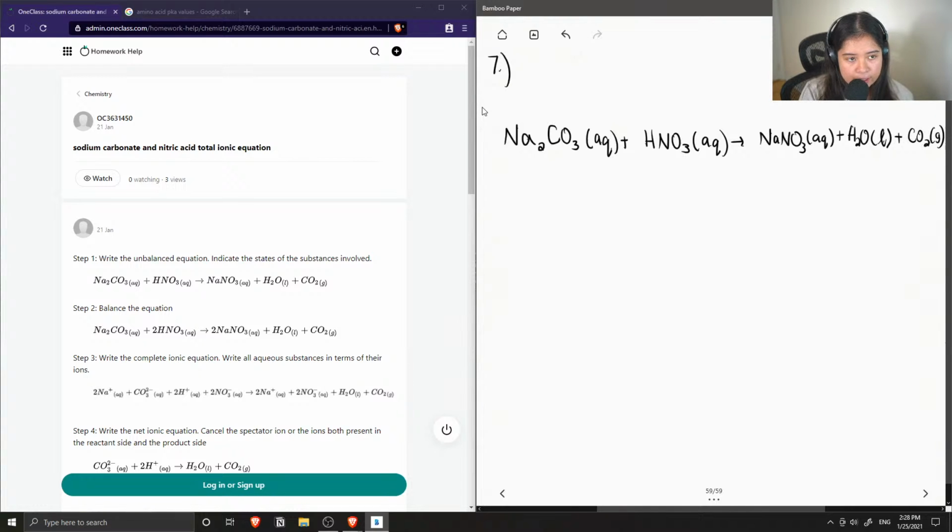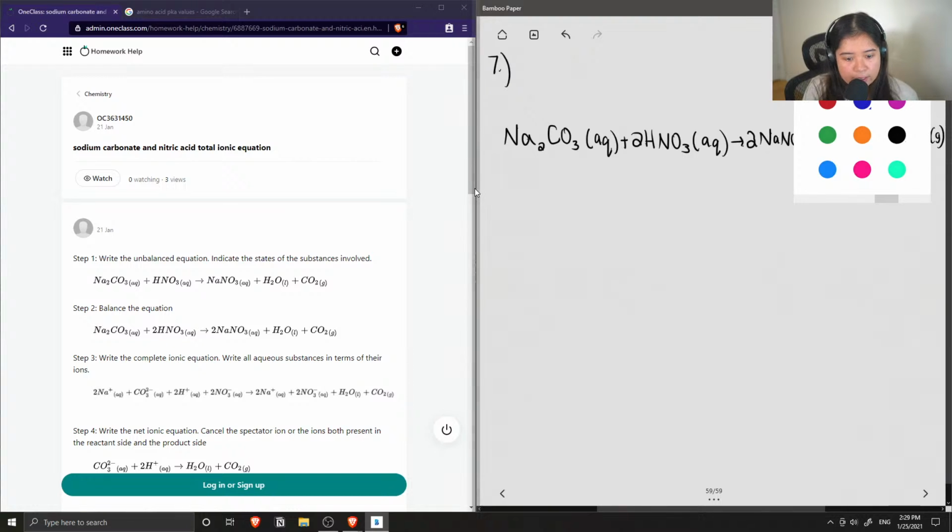Okay, so when we need to balance this equation, we have 2 sodiums on our reactant side, so let's put a 2 in front of sodium nitrate. And now we have 2 nitrate ions, so we just need to add a 2 in front of nitric acid. And now if we look at both sides of the equation, everything should be balanced.